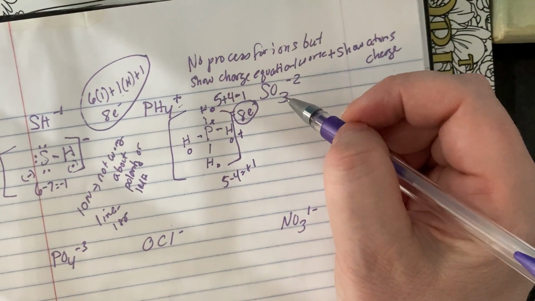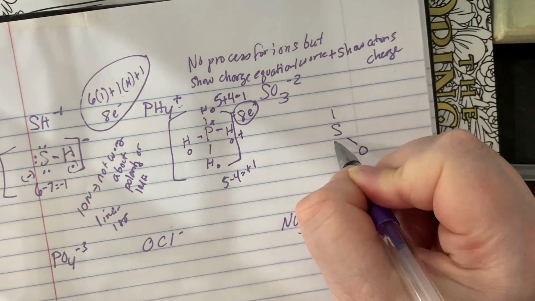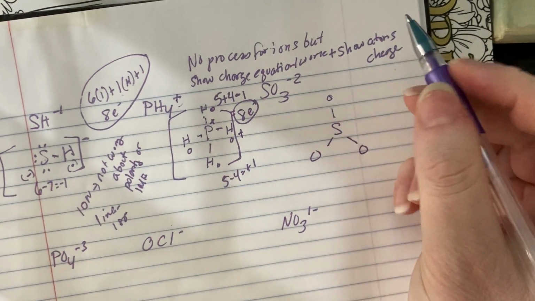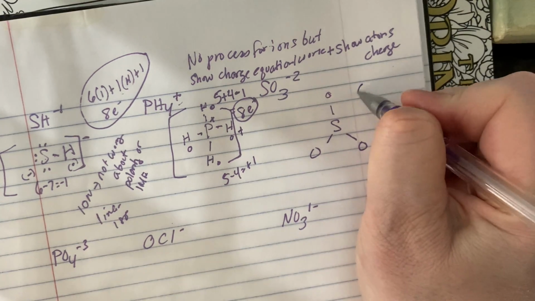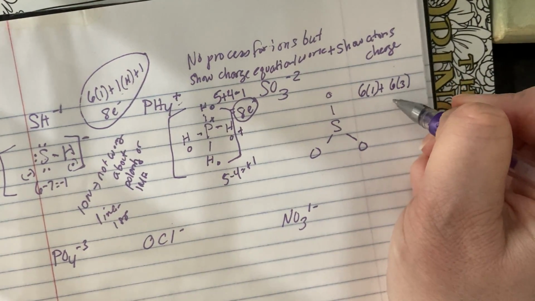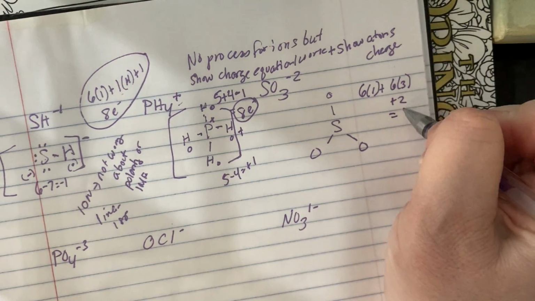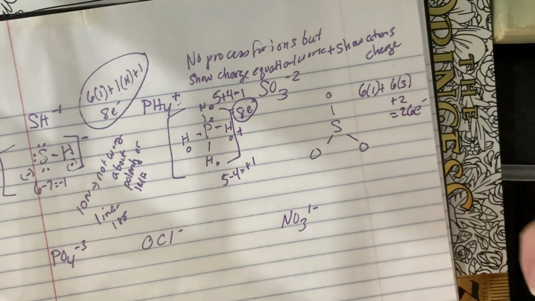Okay, this is not sulfate, this is sulfite. Sulfur is still going in the center, oxygens are going around the outside. Gave everybody single bonds. 6 times 1 sulfur plus 6 times 3 oxygen plus 2 more electrons, and that's 26 electrons.